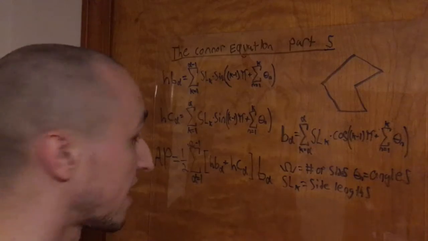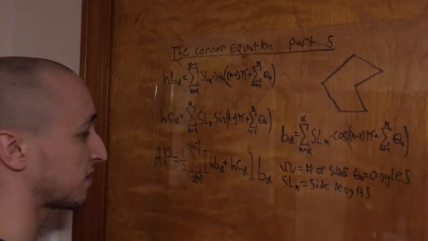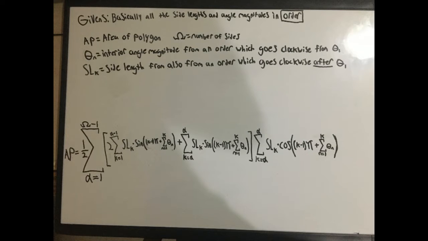It was daunting getting to this part in the series, but this makes it less daunting. So this is the counter equation in its long form with everything plugged in instead of the HB, the HC, and the B. It's replaced by what you guys see in the video.